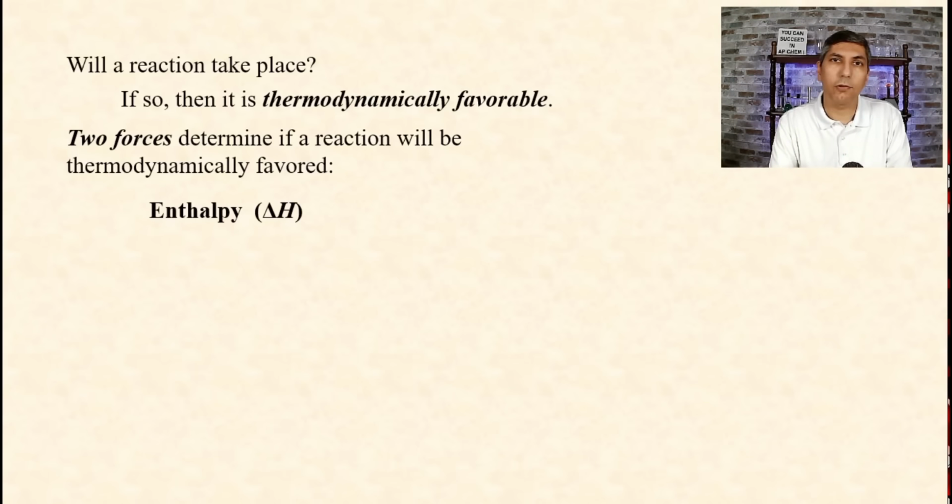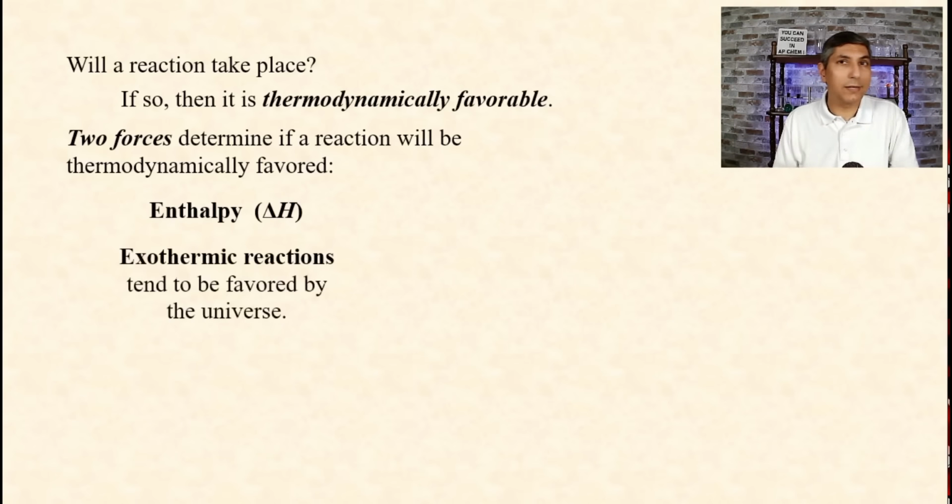That's the delta H. You might know that most of the reactions that you're familiar with in the lab tend to be exothermic because exothermic reactions tend to be favored by the universe. The universe likes exothermic processes. And so if you have a reaction that's exothermic, that exothermicity is a driving force for that reaction.